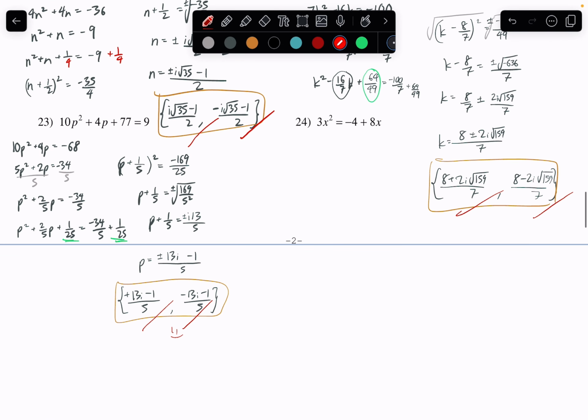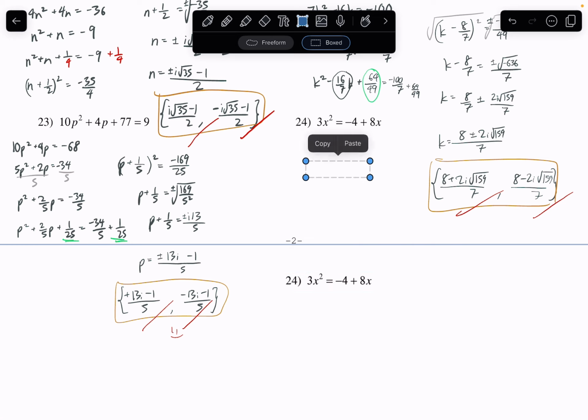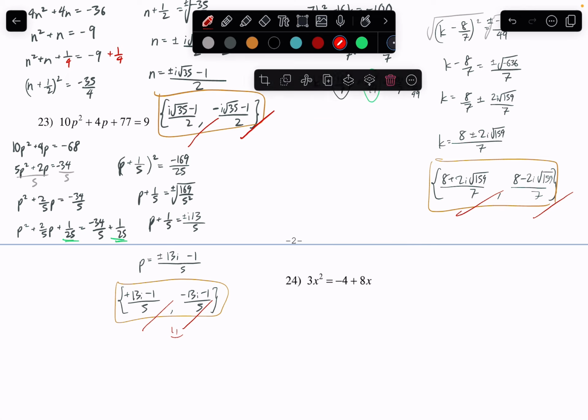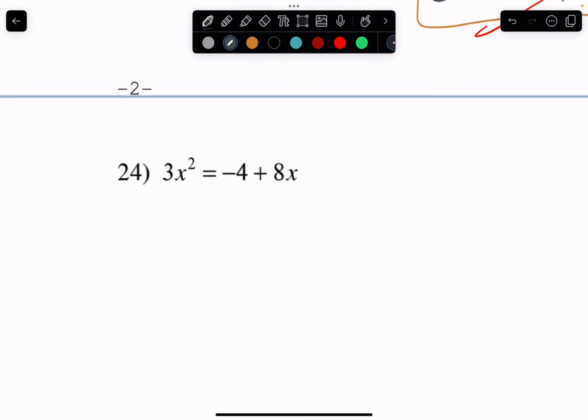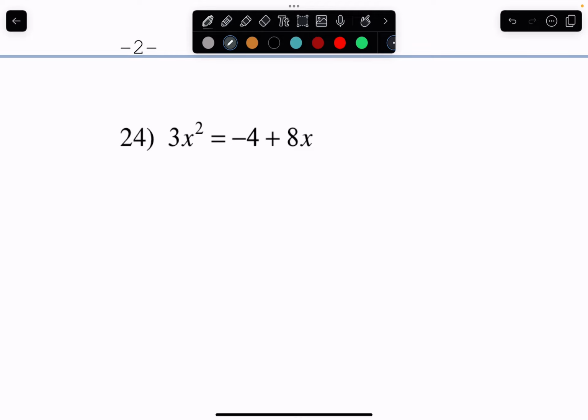Alright. Let's answer 24 here, so there's more space. Doesn't look too crowded. Divide both sides by 3.